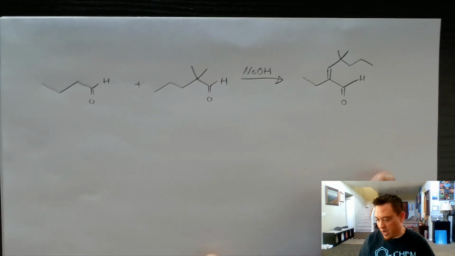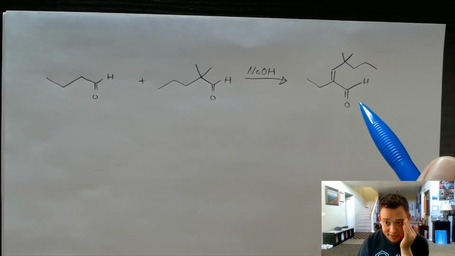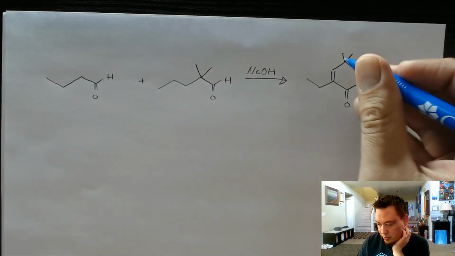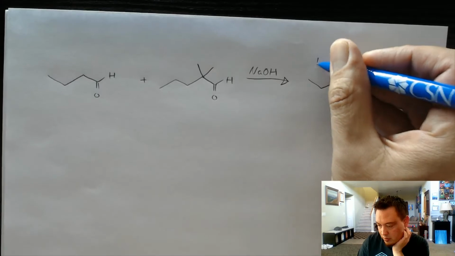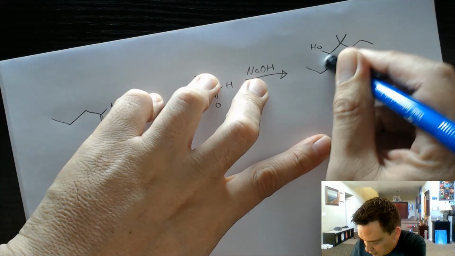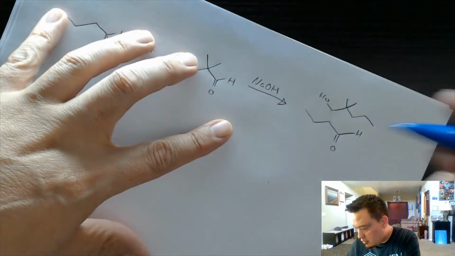So I think this is a better answer, but it's not one of the choices. Based off the choices that were shown, they're not showing the elimination product. They're keeping the beta hydroxy. So the OH is here then.